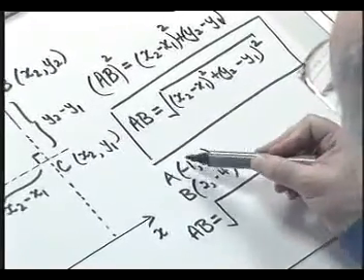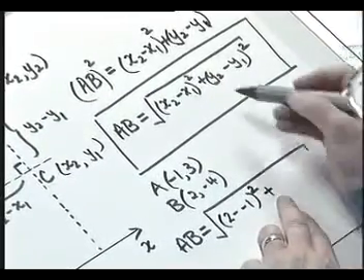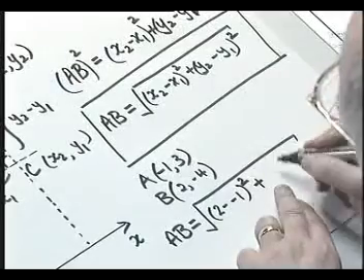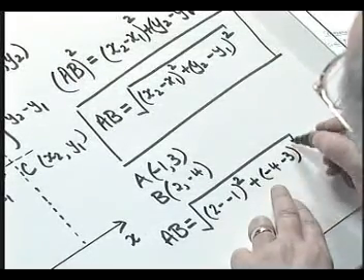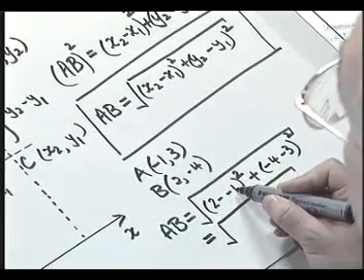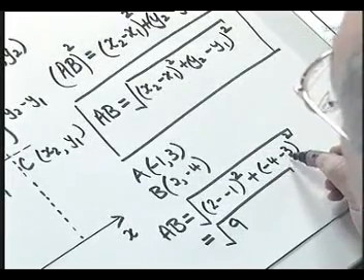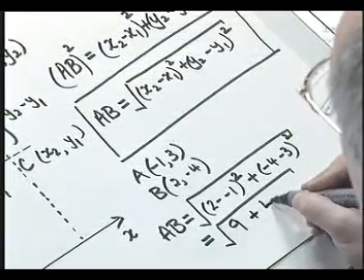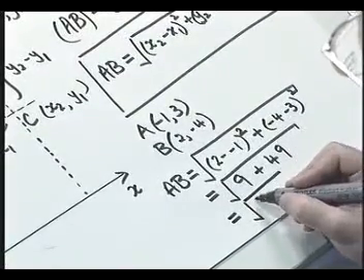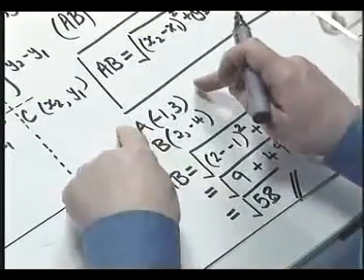So that's 2 minus -1, all squared, plus the difference between the y coordinates, which is -4 minus 3, all squared. So that's the square root of 2 subtract -1 is 3, and 3 squared is 9. -4 minus 3 is -7, and -7 squared is plus 49. So finally, AB will be the square root of 9 plus 49, which is 58. That's the distance between those 2 points.